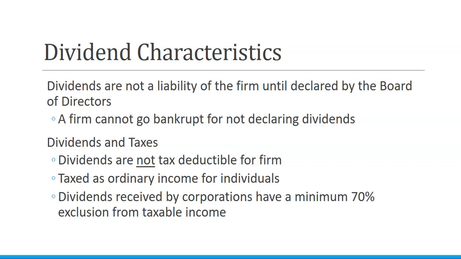Like if Google buys stock in Microsoft, because they can, because it's an investment, and they receive dividends from Microsoft, because they're a corporation and they get double taxed anyway, they can exclude 70% of their dividends from their taxable income.